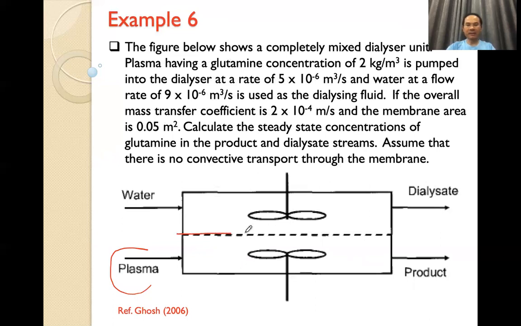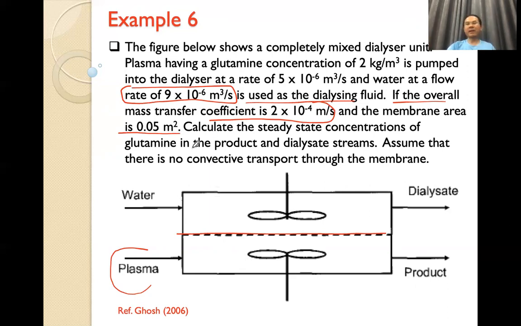This is the membrane. For this case, we have water flowing parallel to the plasma at this flow rate. The water is the dialysing fluid. We also know the overall mass transfer coefficient, and the membrane area is 0.05 square meter.